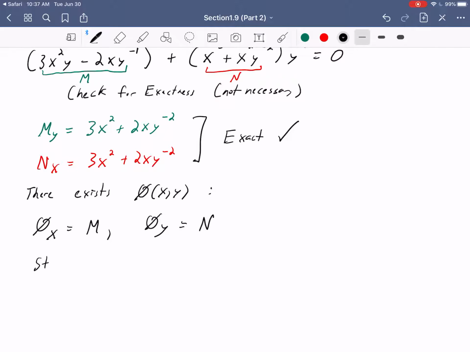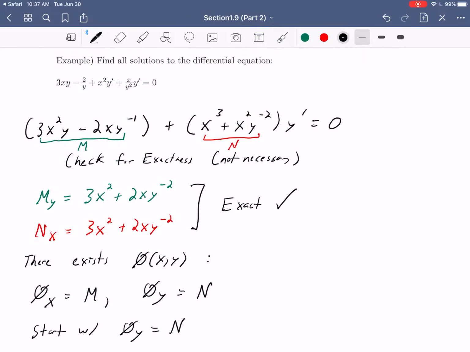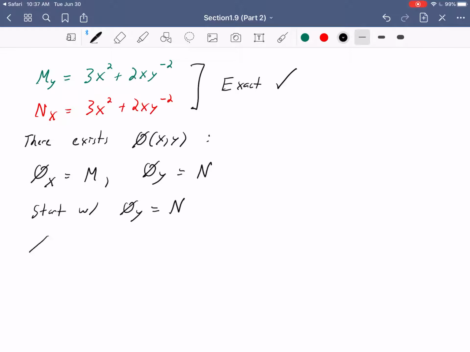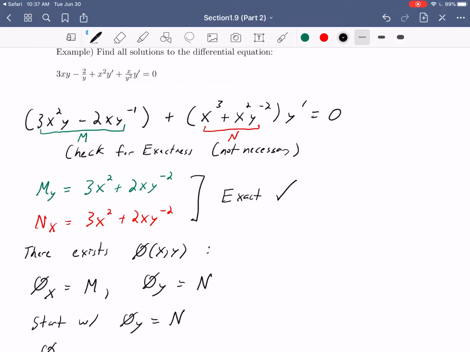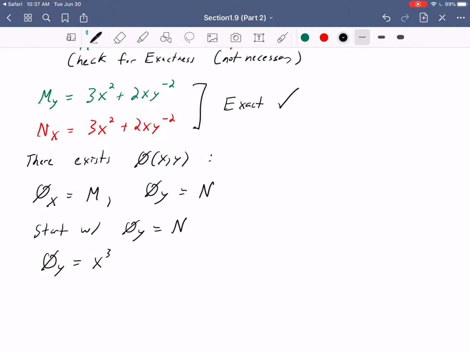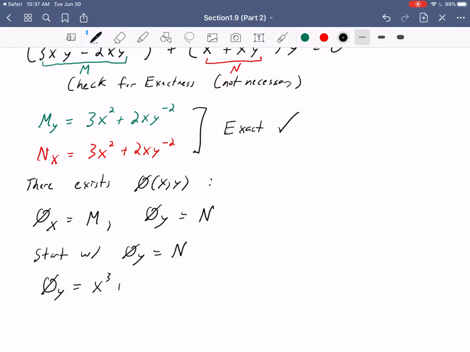So what does that actually tell us? Well, that tells us that the partial with respect to y of phi is equal to that n, which is x cubed plus x squared y to the minus 2.